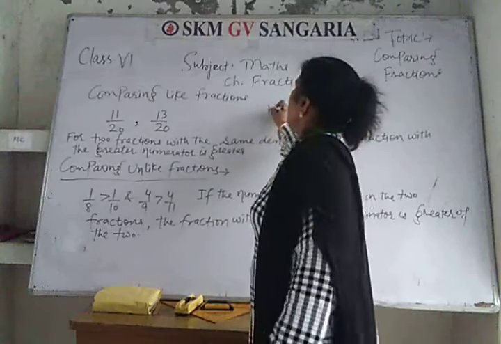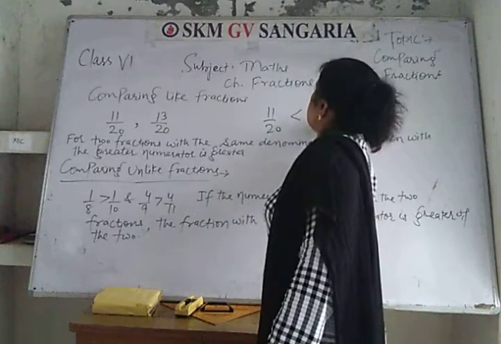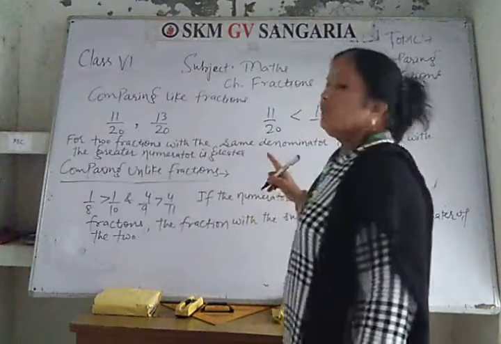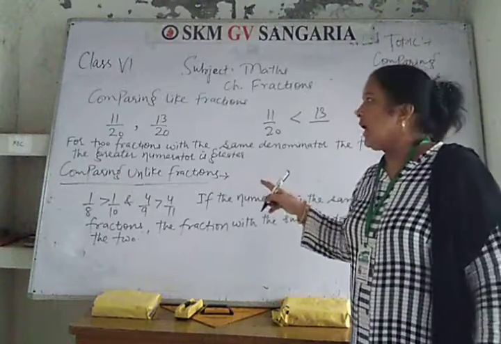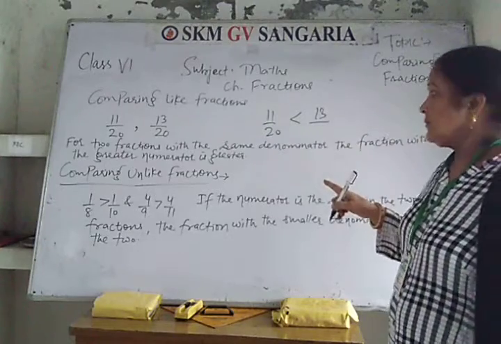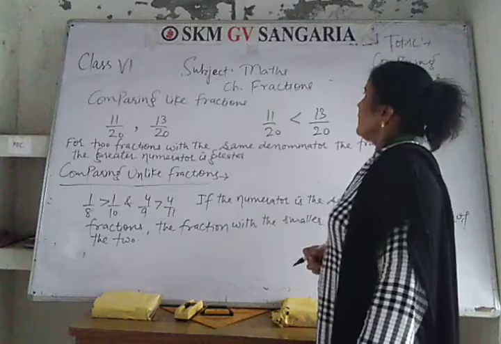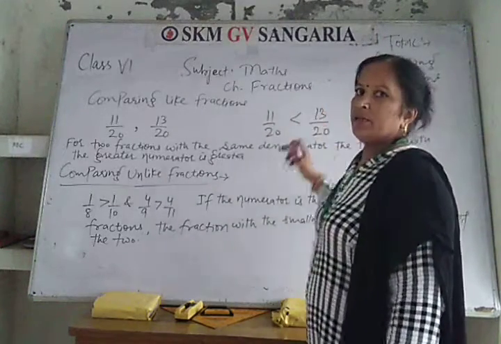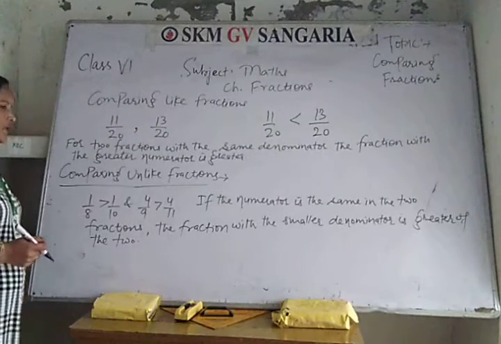The second fraction's numerator is 13. So 11/20 is less than 13/20. Here the numerator is greater, so naturally 13/20 will be greater.